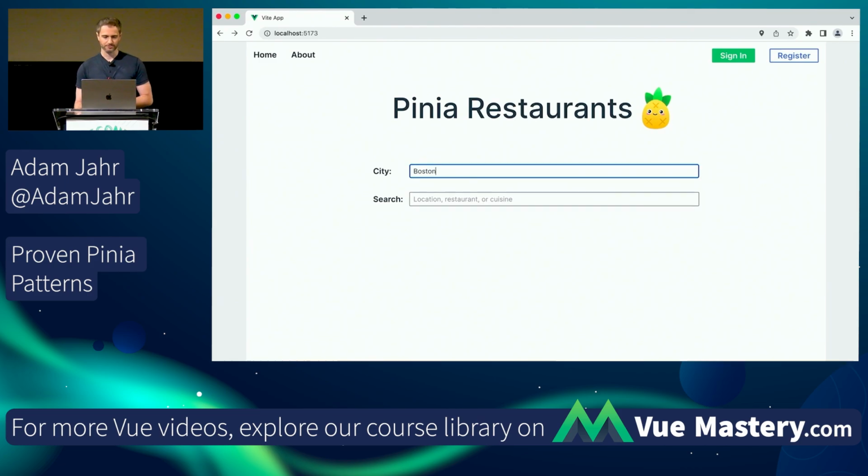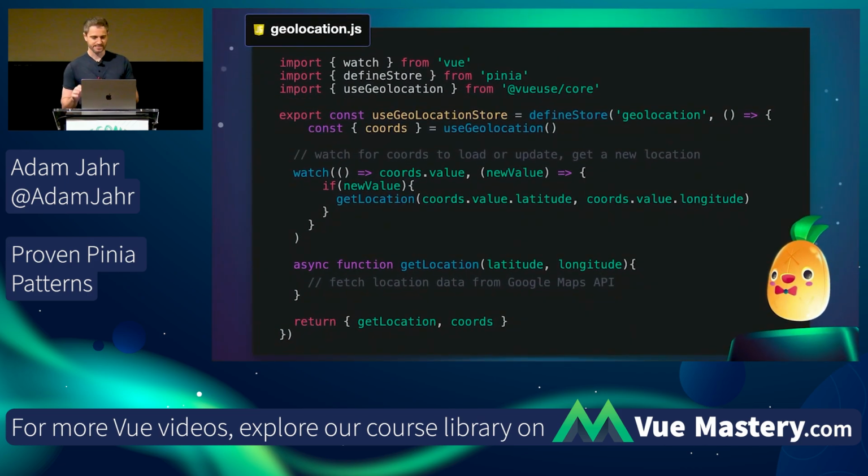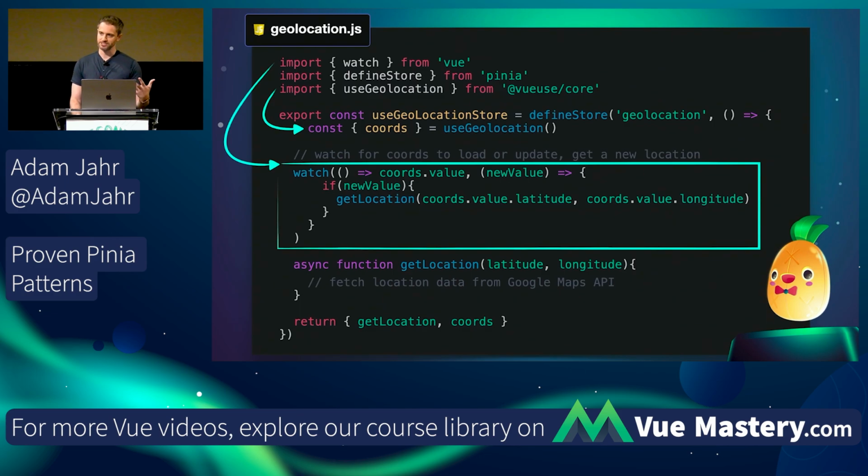If we look at the code for that, inside of this store called geolocation, we can see that it is indeed a setup store, and its functionality relies on the useGeolocation composable from VueUse to get the coordinates of our user. Meanwhile, the watcher is keeping an eye on those coordinates to trigger an action to fetch location data from the Google Maps API.